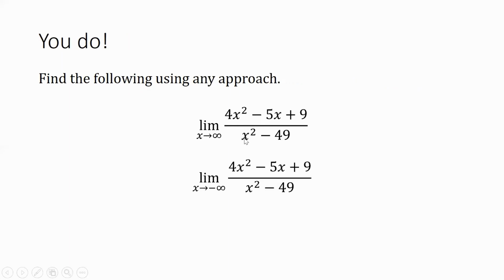In this example, we had our numerator and denominator both be of the same degree polynomial. And if you look at what the limit was as x goes to infinity and as x went to negative infinity, this was 4. Notice that 4 is just 4 divided by 1, those are the coefficients of the biggest degree term.